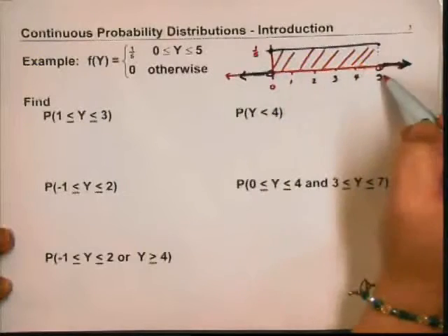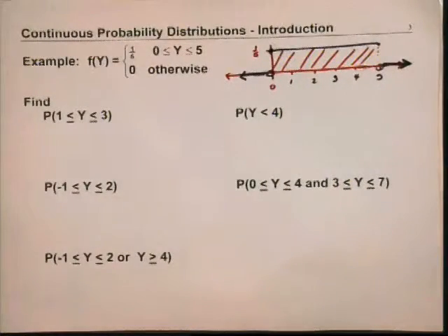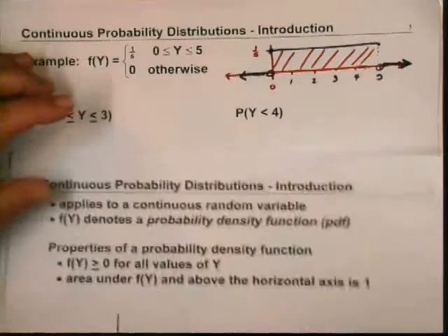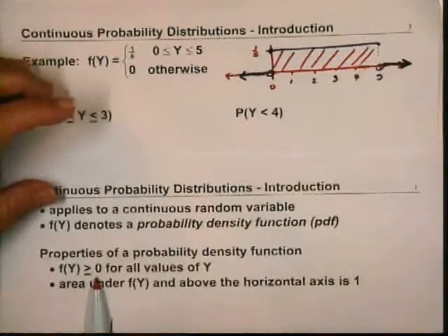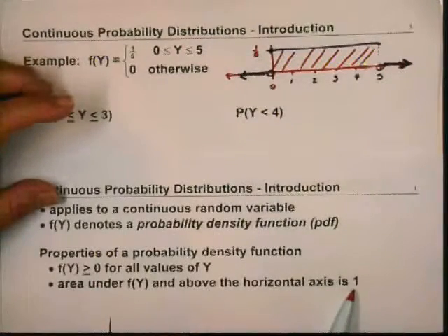We have a rectangle of length 5 and height 1/5. Length times width is 1. That's easy to figure, right? So this does satisfy the two conditions that we named back here: a non-negative function, and the total area is equal to 1.